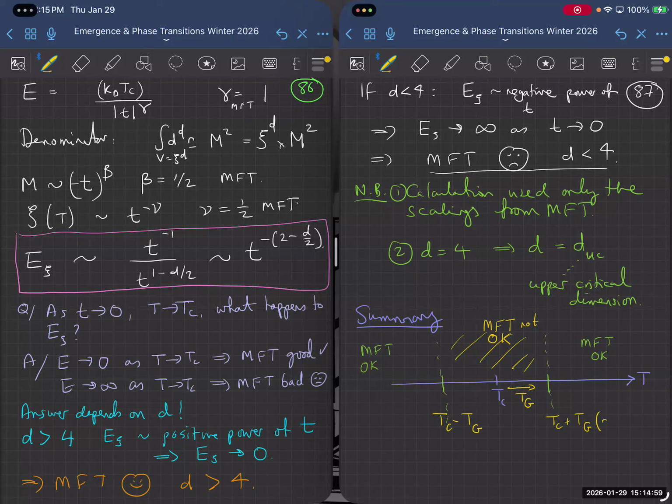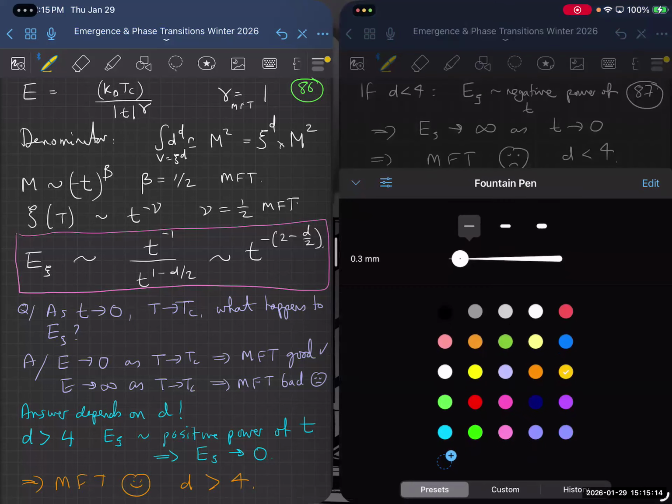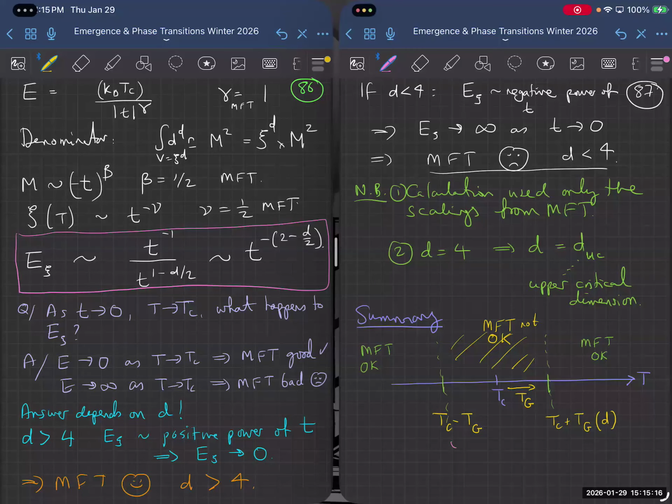And this TG is a continual function of the spatial dimension d, and it goes in the way that we just calculated with this exponent 2 minus d over 2. So that is the picture. This region here, where mean field theory is not okay, we call the critical region.